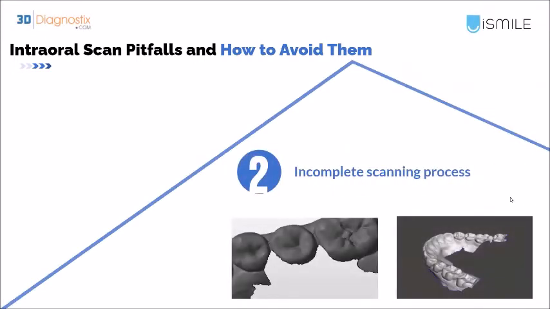Number two, we have incomplete scanning process. We need to make sure to rotate the intraoral scanner to capture the gingiva and the surrounding structures to capture the full gingival regions and the gum lines.